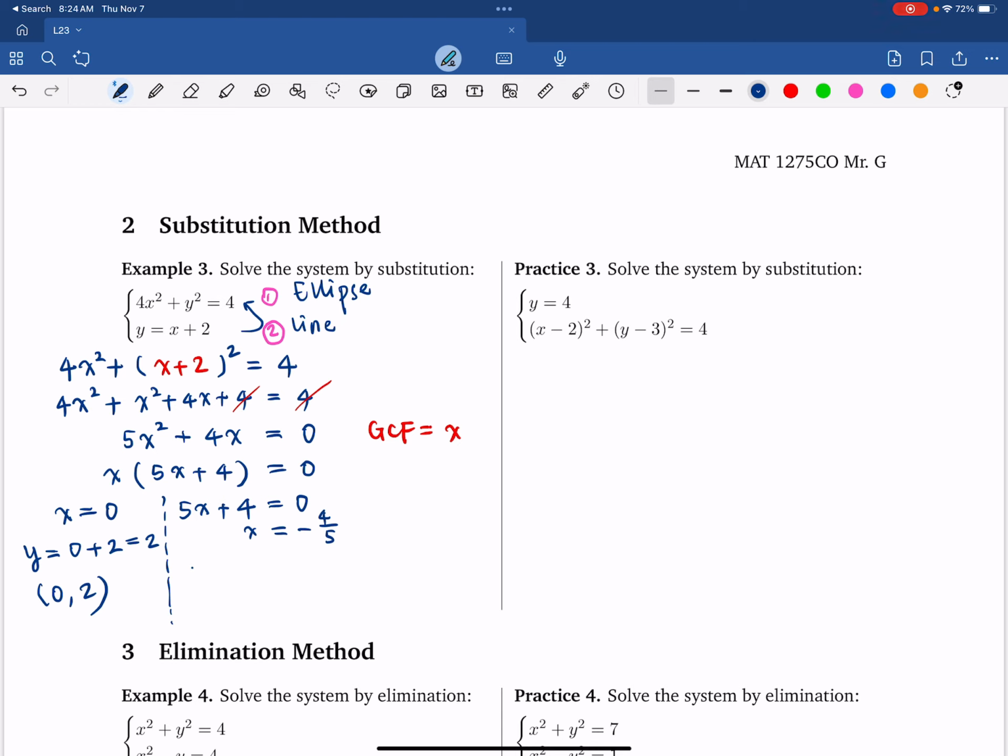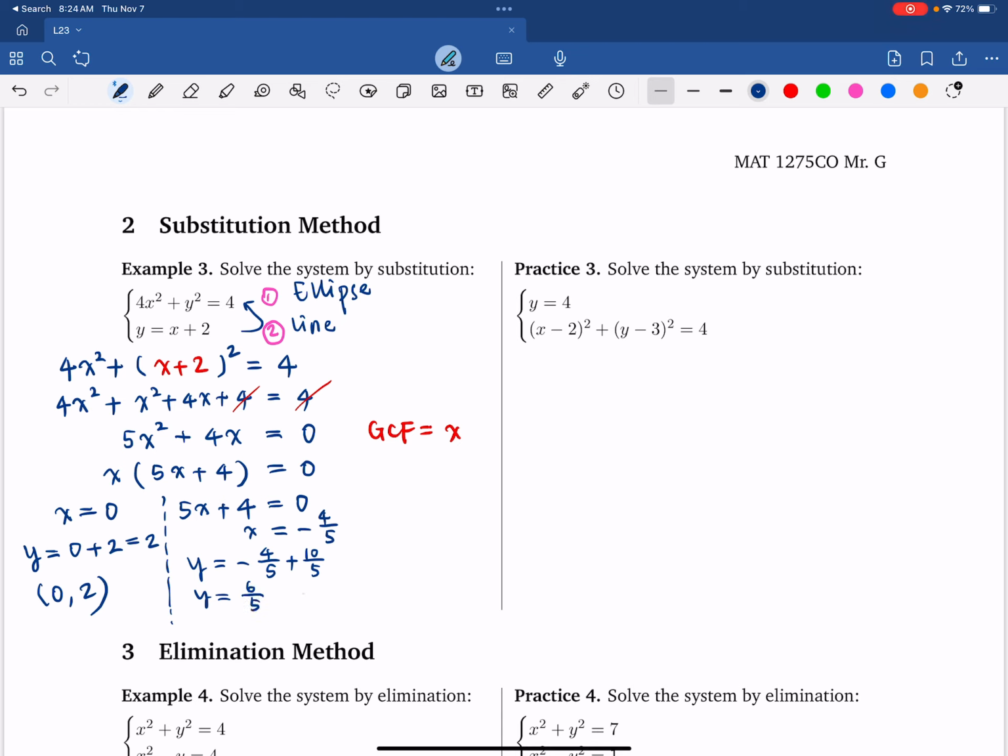For the second solution, I'm going to do the same thing. Y equals x plus 2. So that's negative 4 over 5 plus 2. I'm going to rewrite 2 as 10 over 5. 10 over 5 is 2. And this will give me positive 6 over 5.